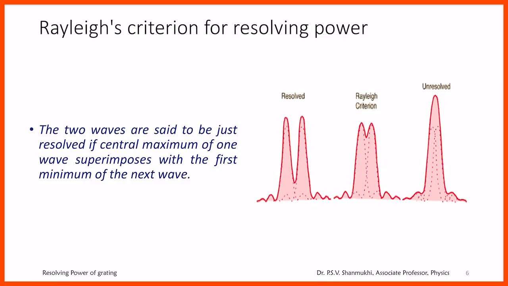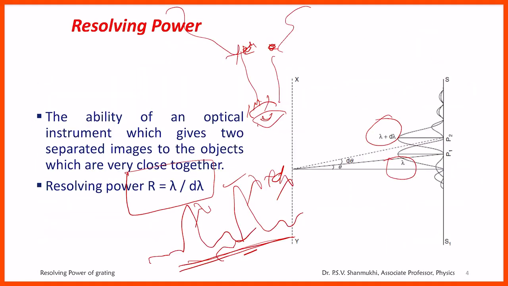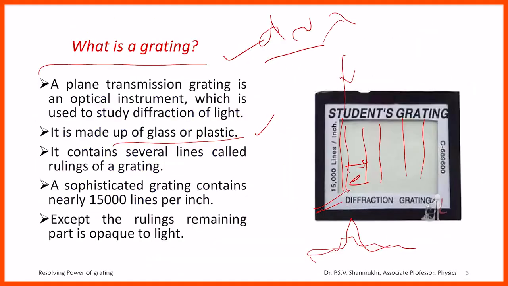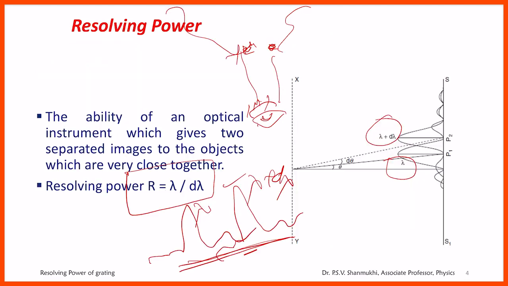So once again, observe what is meant by resolving power of the grating. It is the ability of the optical instrument to give two separated images for two objects which are very close together.